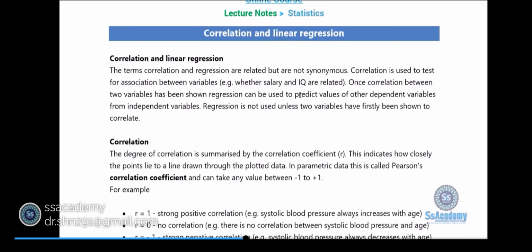Once correlation between two variables has been shown, regression can be used to predict values of other dependent variables from independent variables. Regression is not used unless two variables have first been shown to correlate.